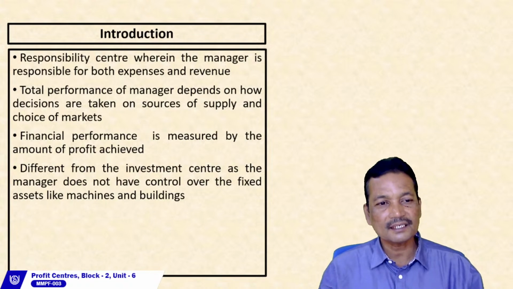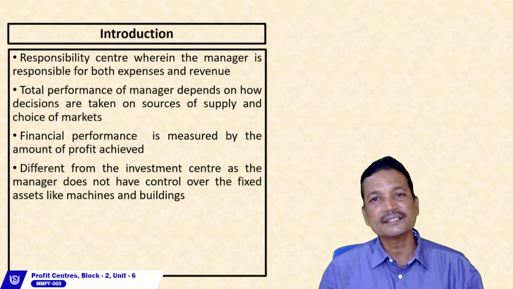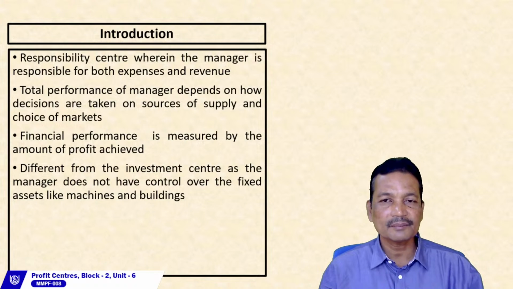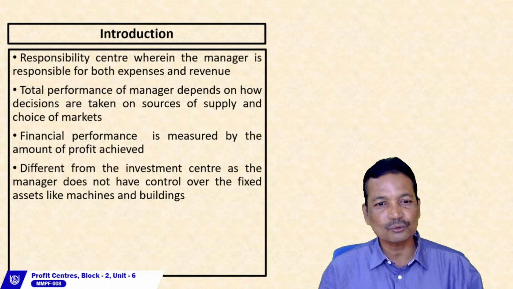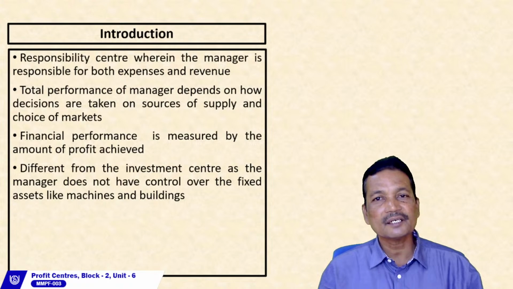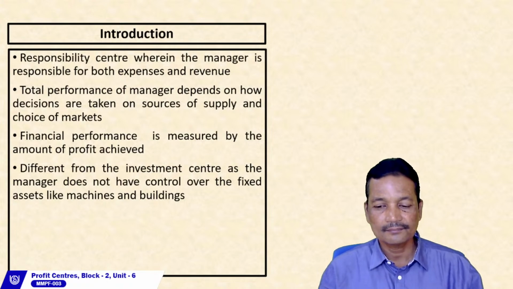Now if the manager has control over the fixed assets, that means it can add to it or delete from it. That means machines can be bought in, can be sold, buildings can be bought in, buildings can be sold. Then we say it becomes an investment center.